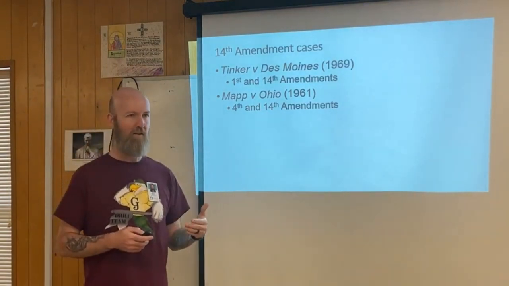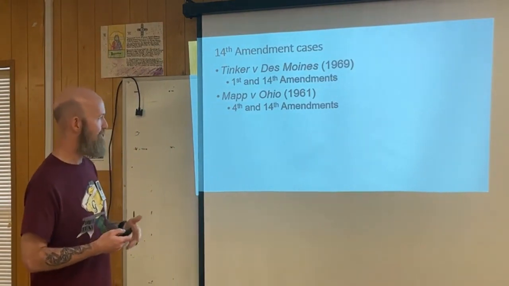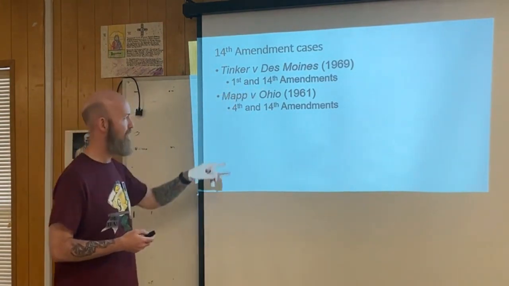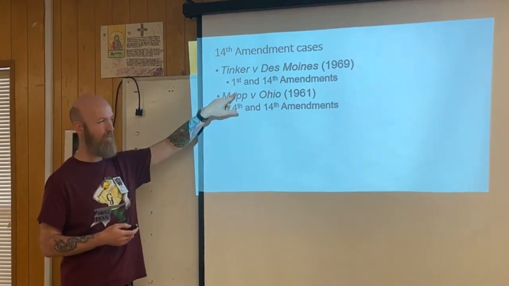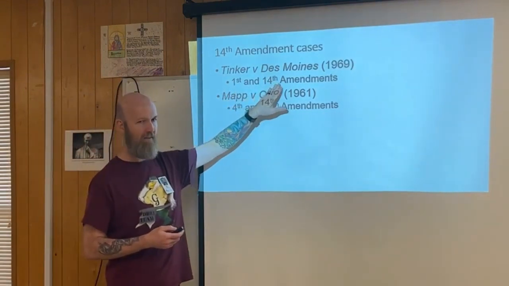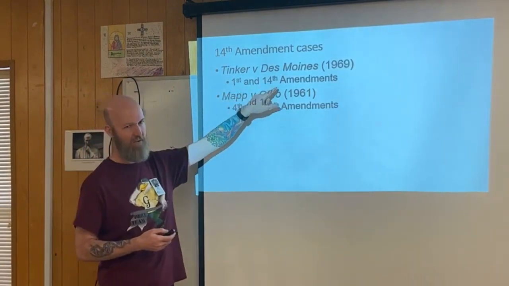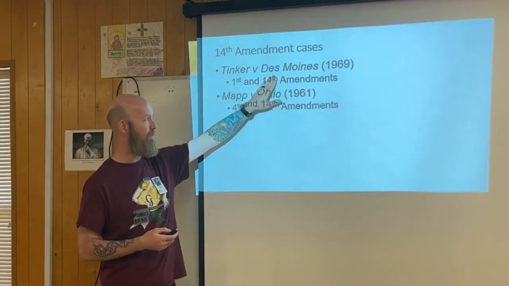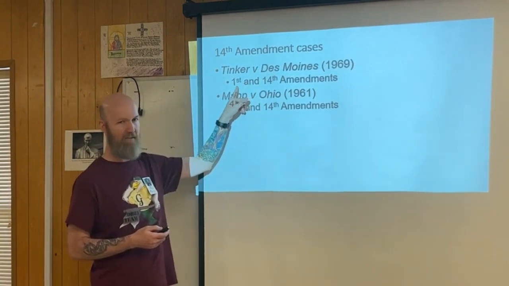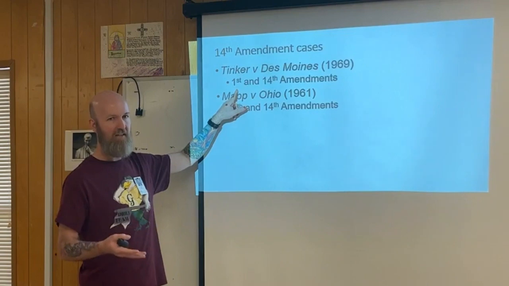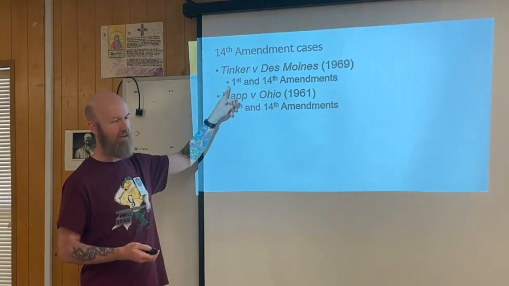Well, when they went to court, they claimed a violation of both their First and 14th Amendment rights. The First Amendment, right to free speech, free expression. The 14th Amendment is the one that takes that First Amendment right and applies it to the states. Without the 14th Amendment, the First Amendment says Congress shall not do something. It doesn't say a state school could not do that.